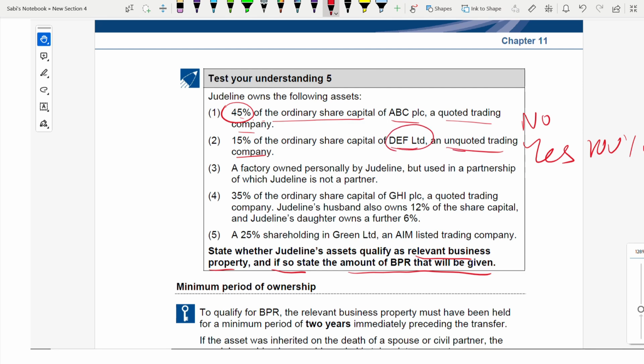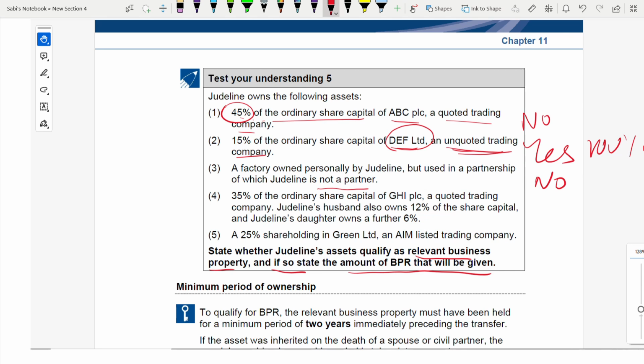This is an unquoted trading company. Next, third, factory owned personally by Judeline but used in a partnership of which Judeline is not a partner. That's why no BPR, because he was not a partner.